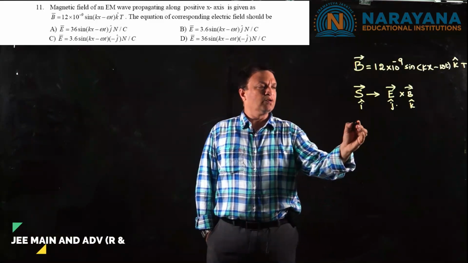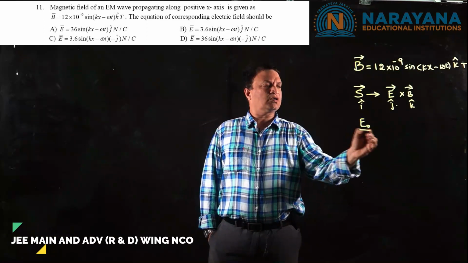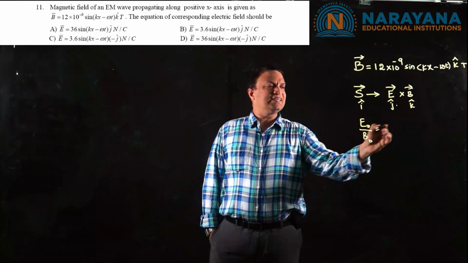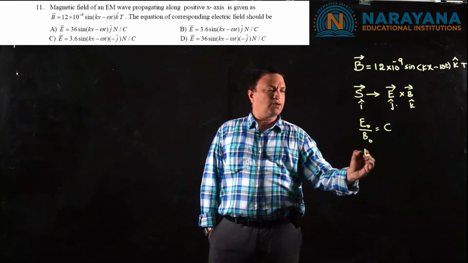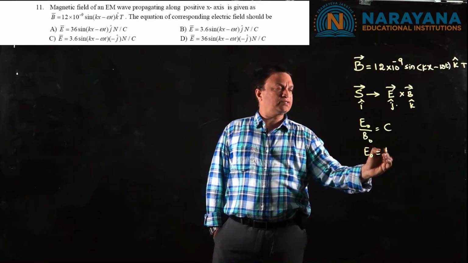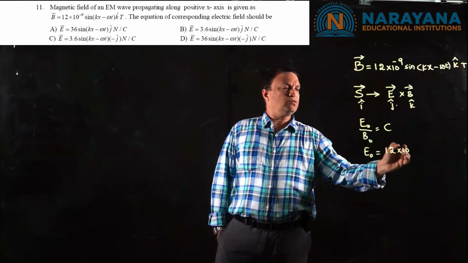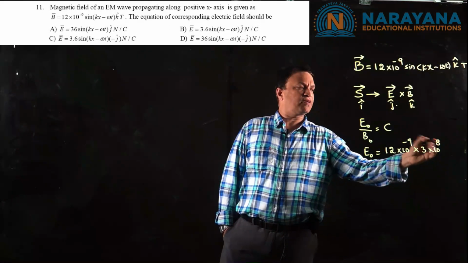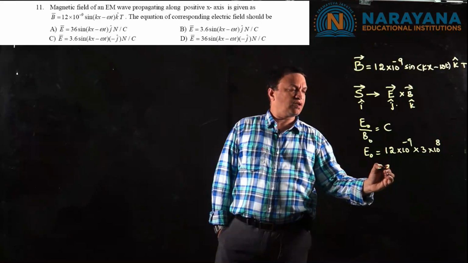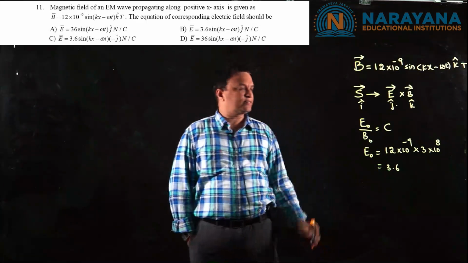So I got the direction of the electric field. Number 2, we know E naught by B naught is c, the speed of light. So therefore, the peak value is 12 into 10 power minus 9 into 3 into 10 to the power of 8. So this will work out around 3.6.